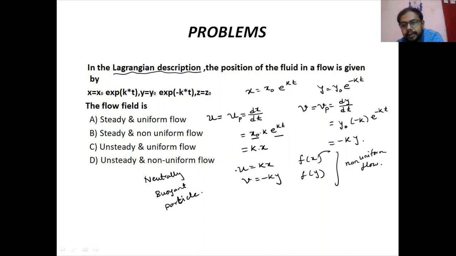But u is not a function of t, and v is not a function of t. So both are not functions of t, so it is a steady flow. This flow is steady but non-uniform. This is the solution of this problem.